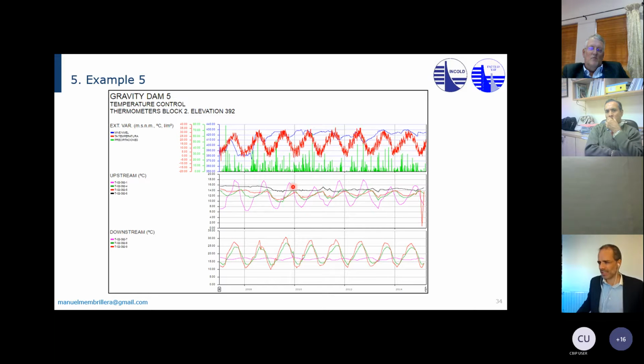This is upstream, a bit more distorted because of the thermal action of the water from the reservoir. But you can also see this trend going down and how the air temperature and the pool levels are affecting the evolution of the thermometers inside of the dam.